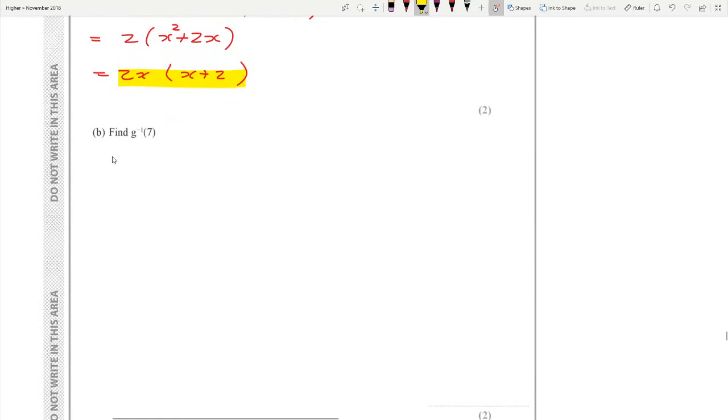We're told that, change the highlighter, get a pen back, g(x) is 2(x minus 1). We're told that in the question. So if we expand that, what do we get? g(x) equals 2x minus 2.